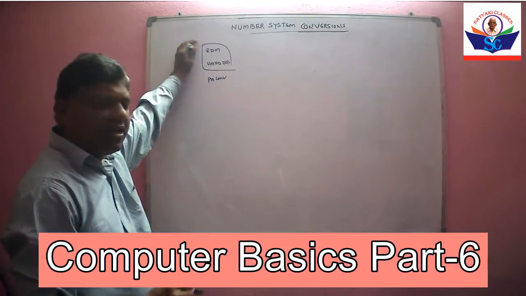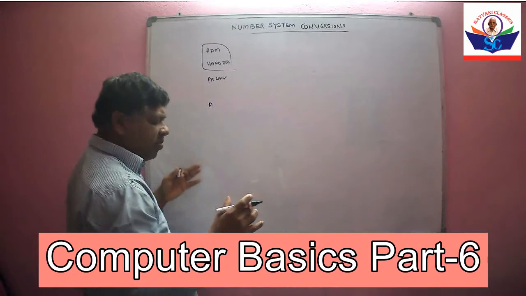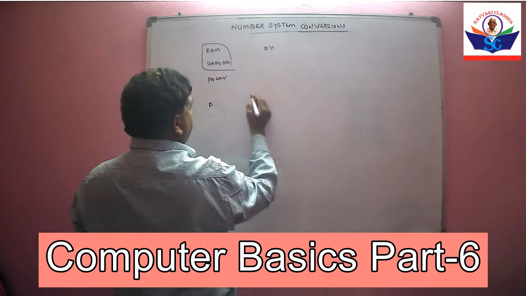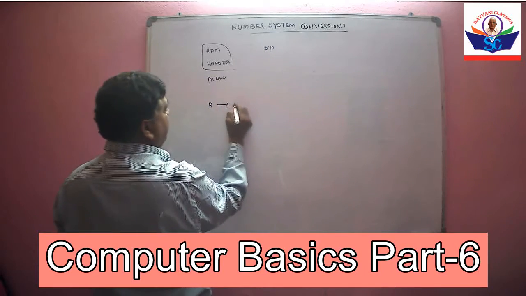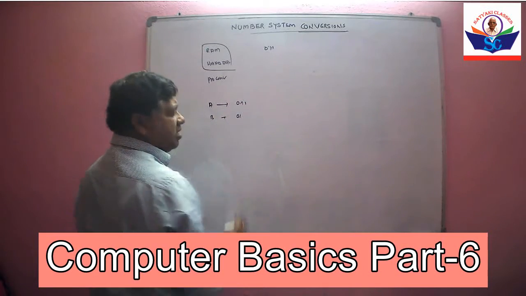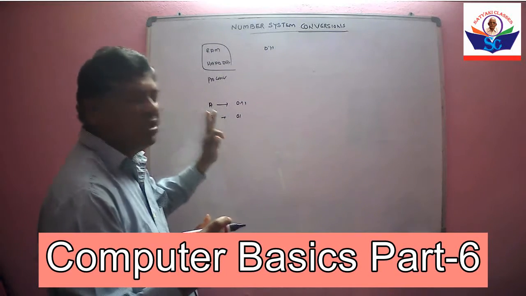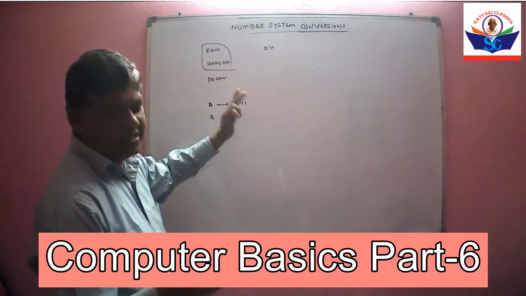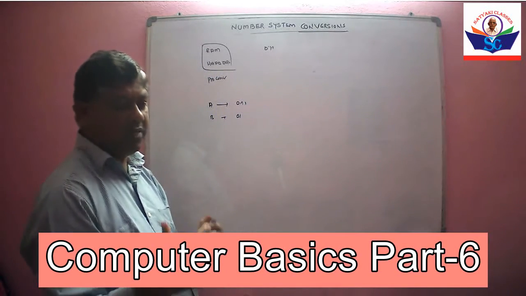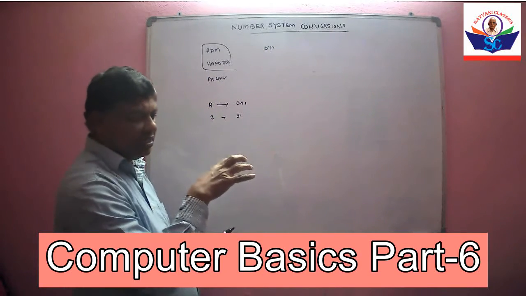As we discussed earlier, all the alphabets and numbers are converted to zeros and ones only, because the CPU, that means the computer system, understands only zeros and ones. So alphabets, digits, numbers and symbols, whether mathematical, chemistry or physics symbols, should be converted to zeros and ones.